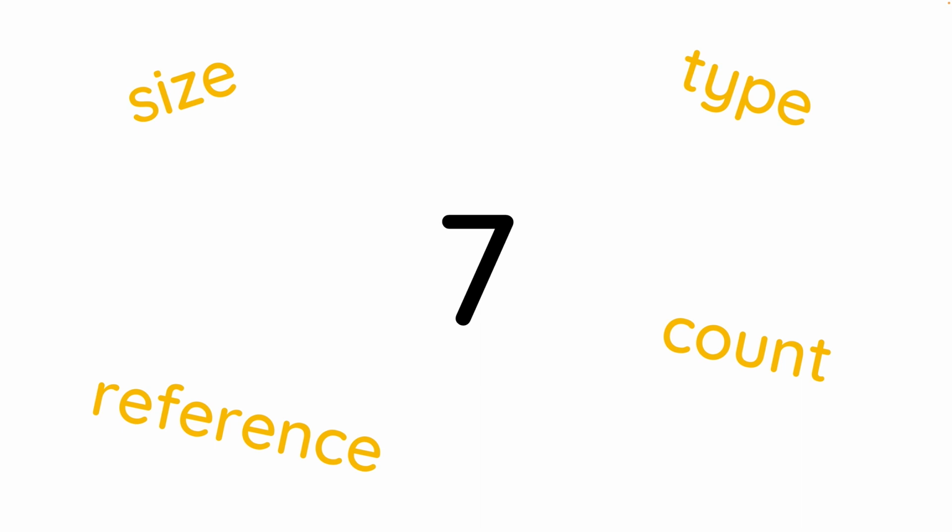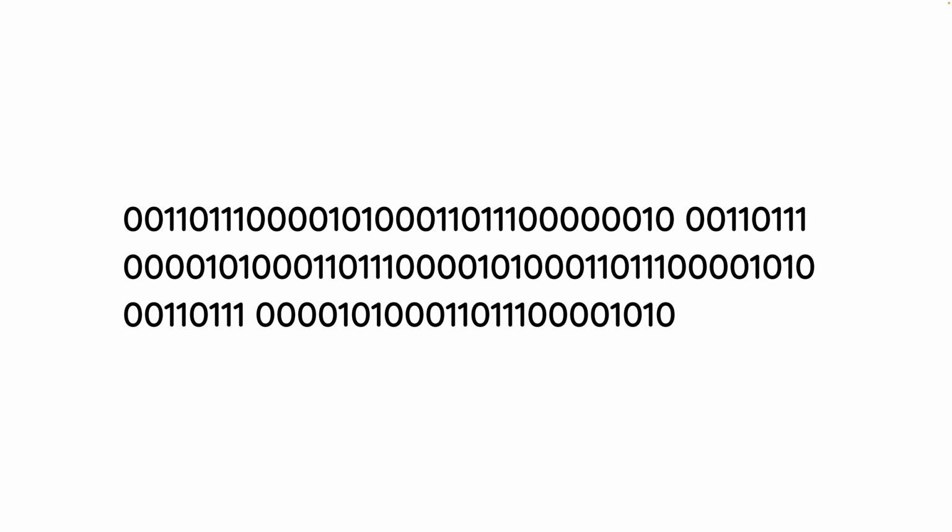So for just this one number right over here, 7, the binary can look something like this. Now it's not exactly this. This is just a bunch of gibberish that I made up. But because we're storing so much stuff, the binary can look something like this. Whereas with NumPy, we only care about the size. So instead, the binary looks something like so.